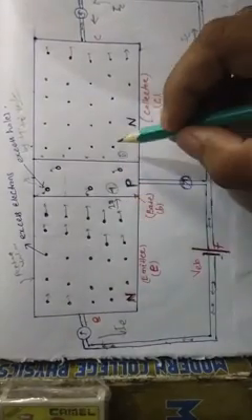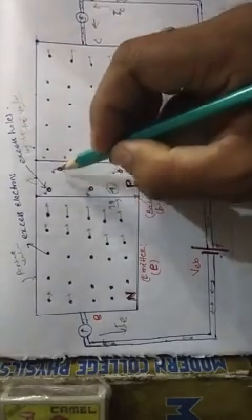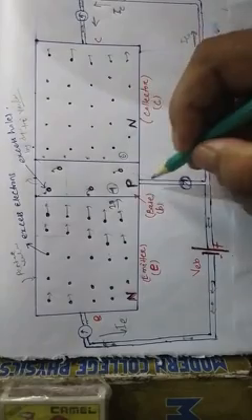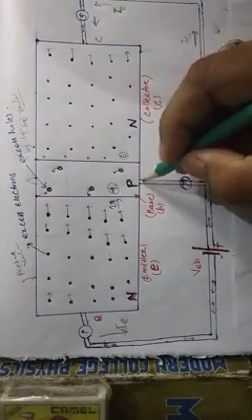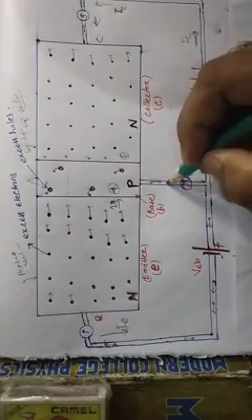So likewise, the few electrons that recombine will flow in this way, in this way, in this way.